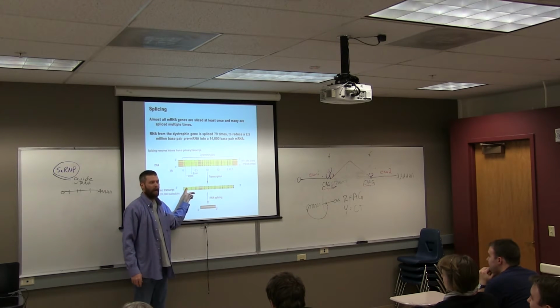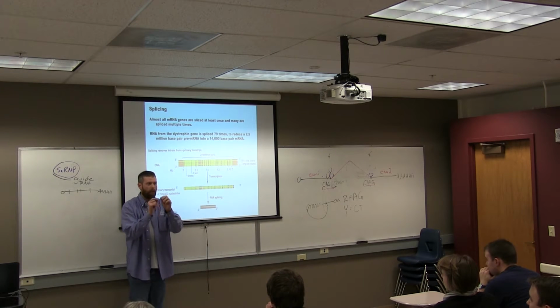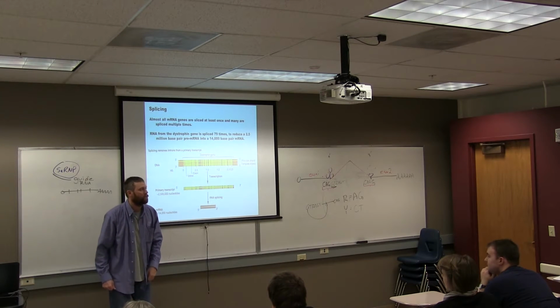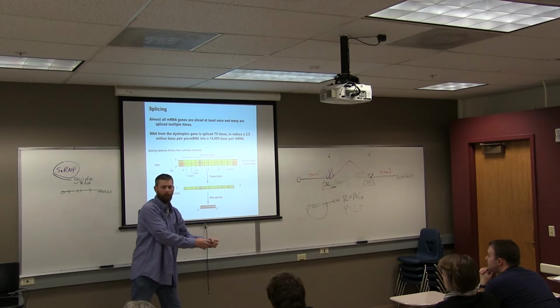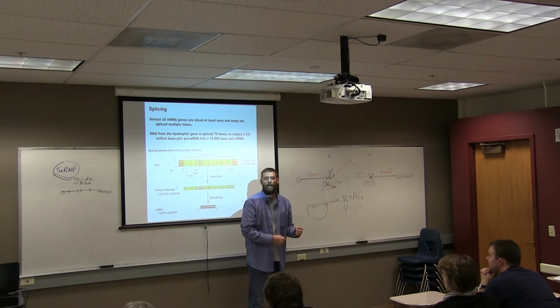The pre-RNA for the dystrophin gene is 2.5 million base pairs. It is like 10% of a chromosome. That gene takes up that much space. So literally, RNA polymerase binds to the promoter, measures out, here's nucleotide 1, it makes a couple of abortive transcripts, and then it starts making the transcript, and a day later, it finishes.